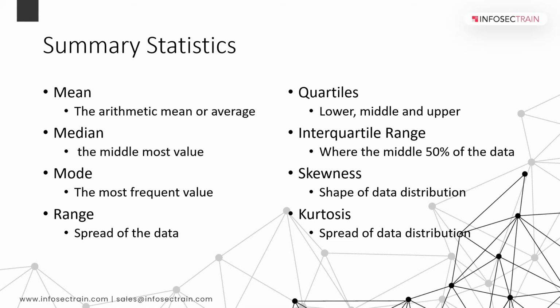We also see this in the box plot. Then skewness finds the shape of the data; it shows how your data distribution is shaped. With the help of kurtosis, you can find the spread of the data distribution. These are very interesting topics.